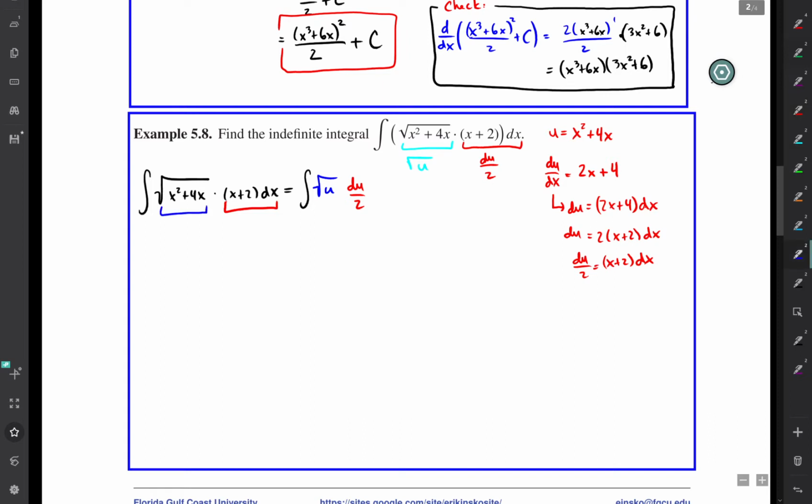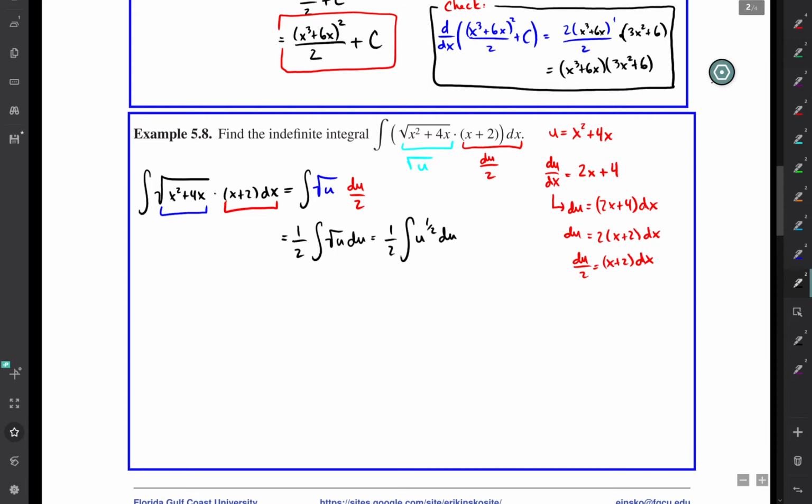And so now I'm going to rewrite that just to simplify it a little bit. I can bring the 1/2 out front because it's just a constant. So I can write this as 1/2 times the integral of the square root of u du, or I could write that as 1/2 times the integral of u to the 1/2 du.